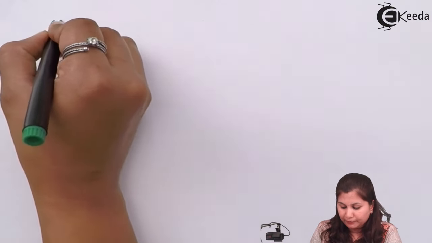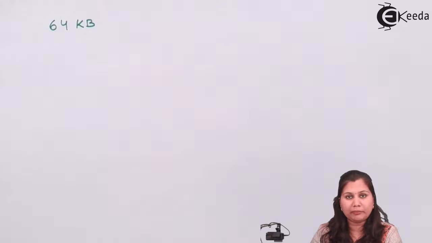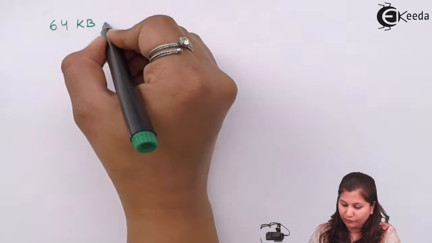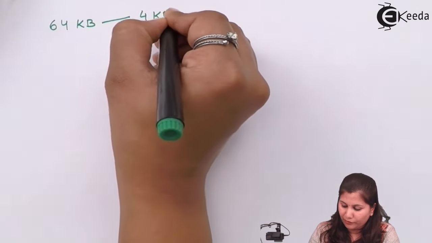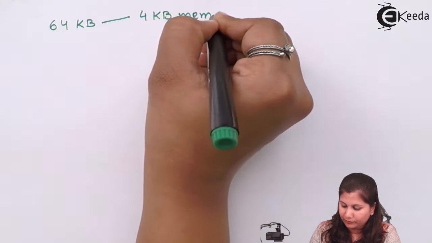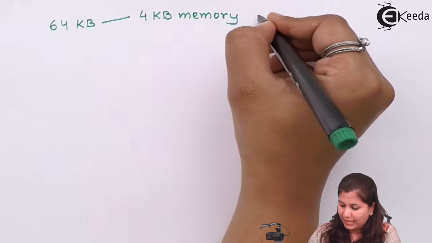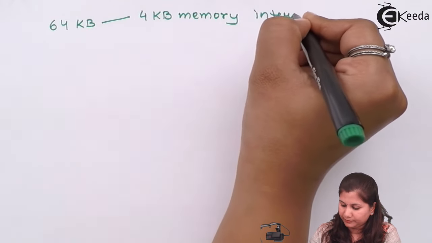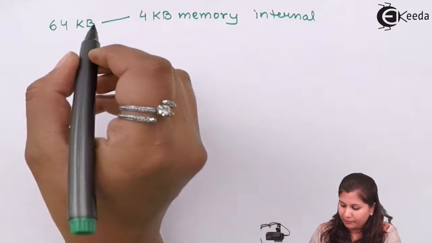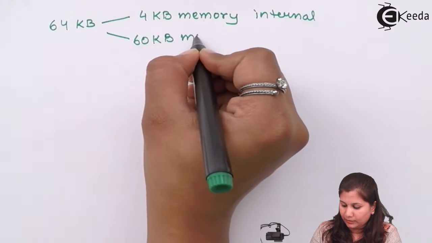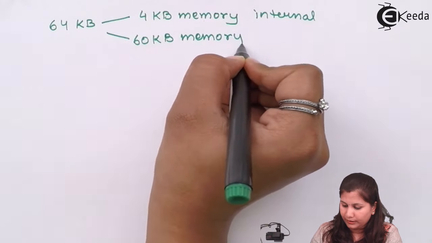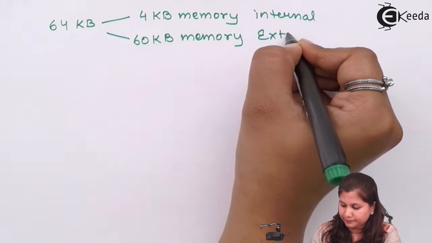We have the complete 64 kilobytes of memory. Out of this, 4 kilobytes of memory acts as internal, and the remaining 60 kilobytes of memory acts as external.